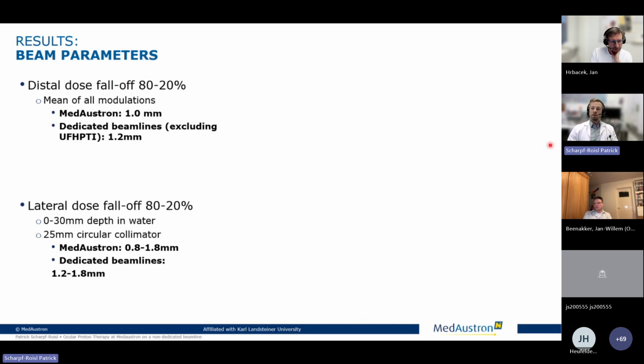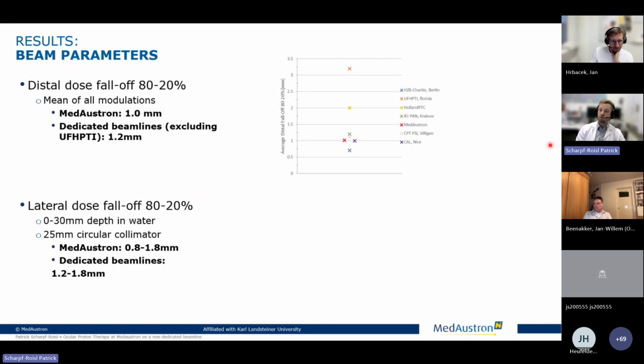Let's have a look a bit at the beam parameters. I was talking about wanting our parameters to match those of dedicated beam lines. We can see that our distal dose fall-off from 80 to 20%, within all the modulations from 0 to 3 centimeters, is 1.0 millimeters.